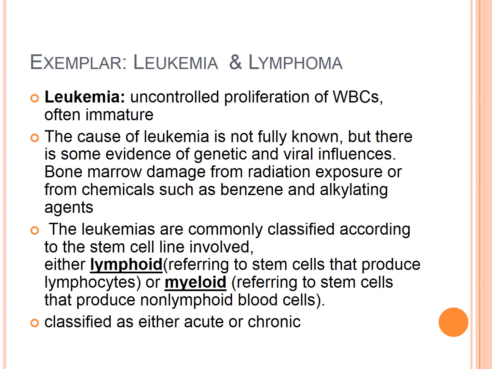Leukemia. So leukemia is uncontrolled proliferation of white blood cells. Okay, so proliferation meaning replication. So it's uncontrolled, meaning the DNA no longer has control over this replication that is occurring. All right. So in leukemia, cells are often immature.